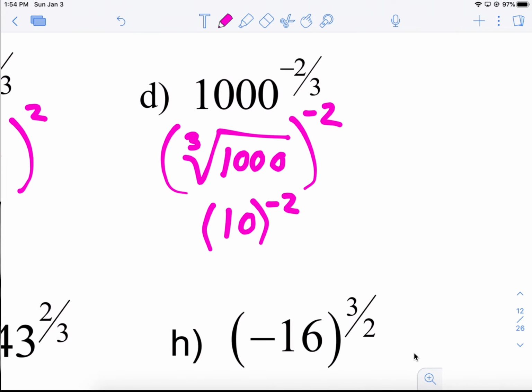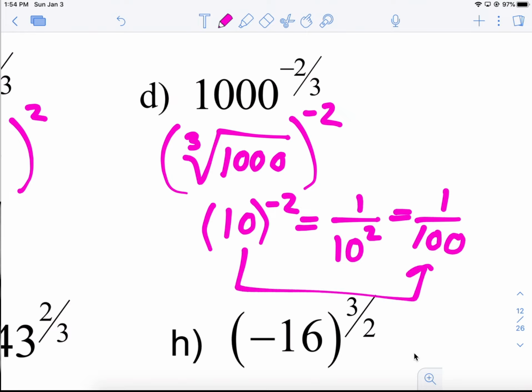From here, that's where I would change it to a different level. I would move it down to make it 10 regular squared, and then apply my exponent, which is 1 over 100. Remember, you're doing this without a calculator, so it's important to understand your steps. If you knew to go straight from here to here, I'm fine with that. If you wanted to say 100 on a different level and then move it, that's fine too.